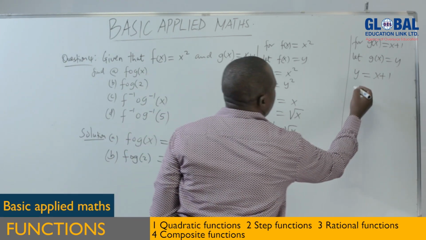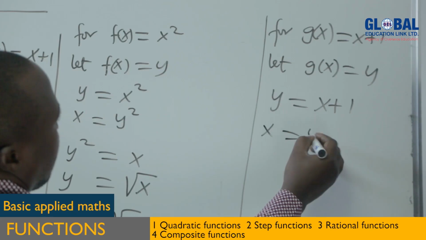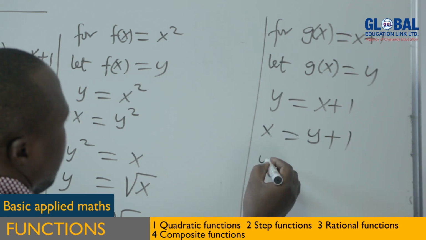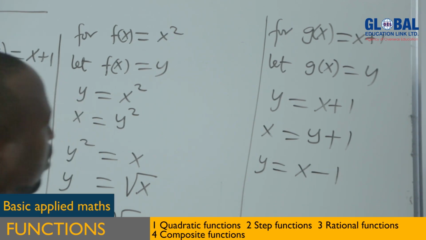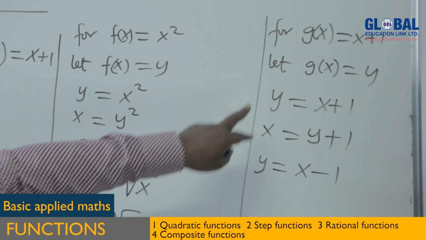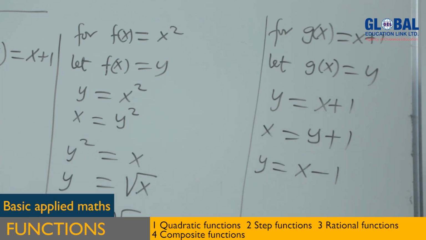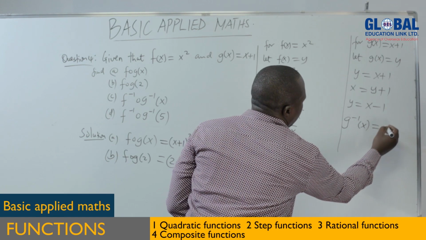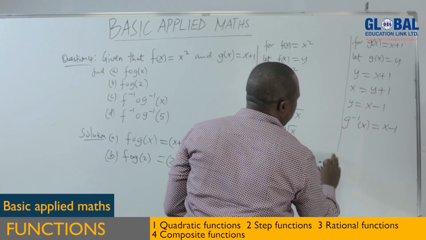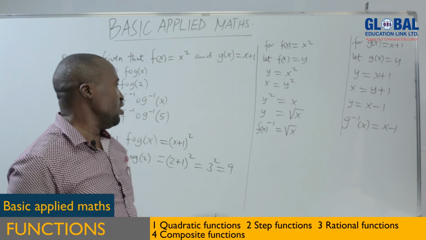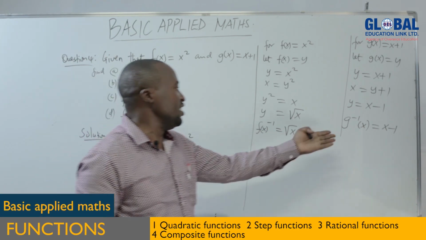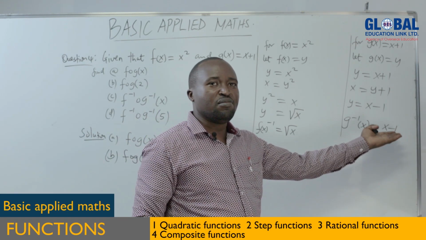So in the position of y we write x, and for x we write y plus 1. Again we make y the subject, so y is equal to x minus 1. But again, remember, g of x is equal to y. Therefore, g inverse of x is equal to x minus 1. So, my dear student, we have f inverse of x is equal to square root of x, and g inverse of x is equal to x minus 1.